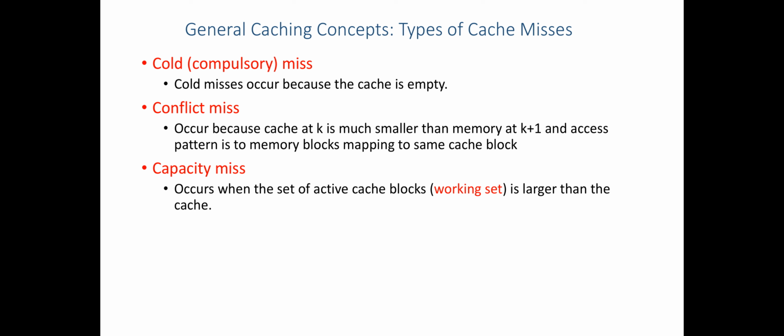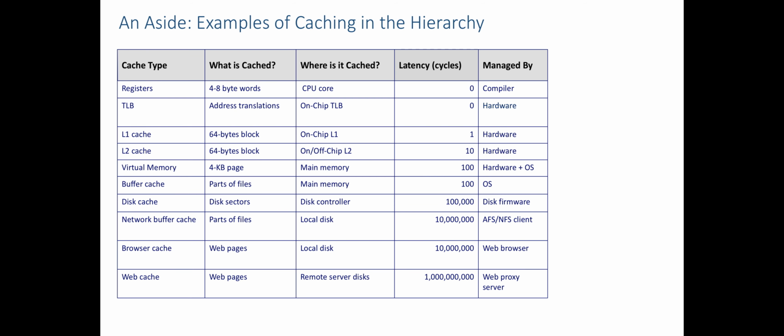And then this notion of the capacity miss, where your program's working set of active blocks is larger than the cache on your machine.